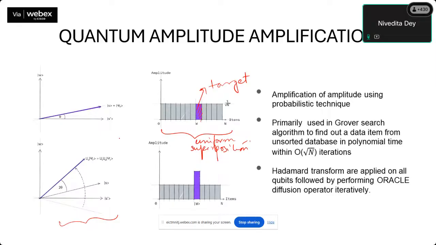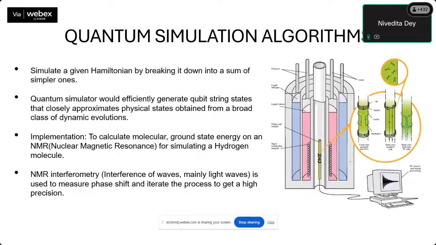Through QAA, actually the Grover rotation operator, through some unitary operations, not in a single step, we can make this particular amplitude increase. The complexity is of the order of root n.